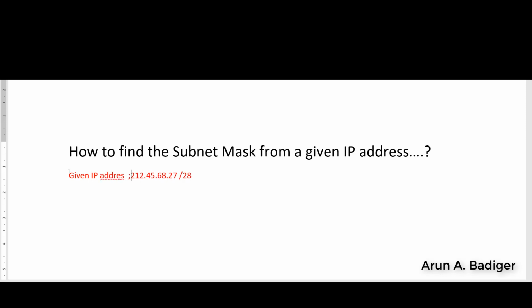So the given IP address is 212.45.68.27/28. For this I need to find out the mask. If I want to represent the same number in binary, I will add a few more spaces here so that it becomes easy for you to understand.